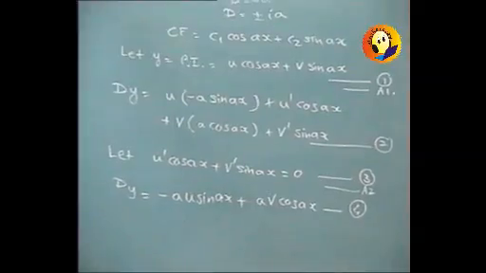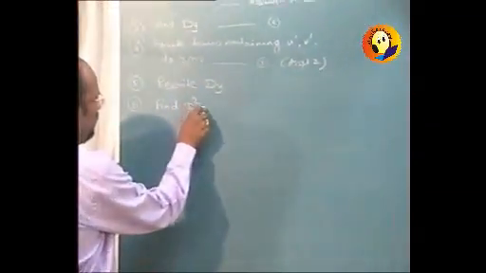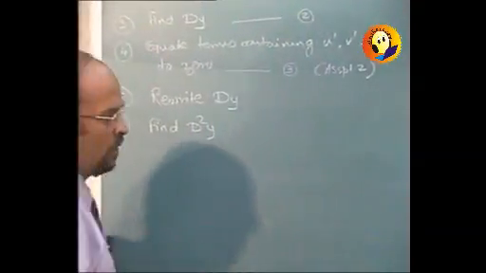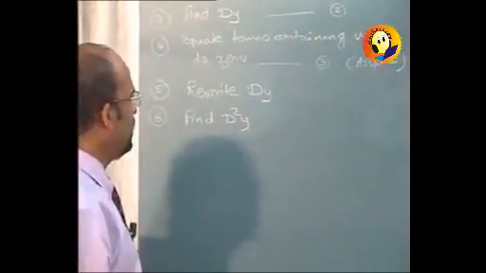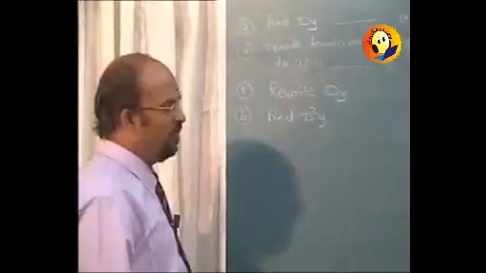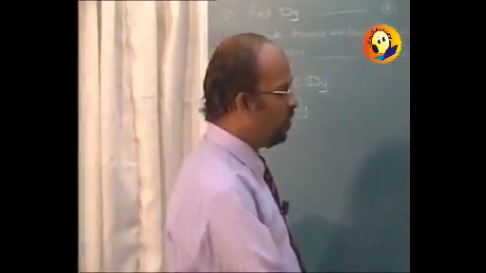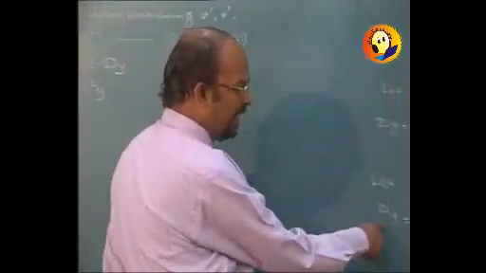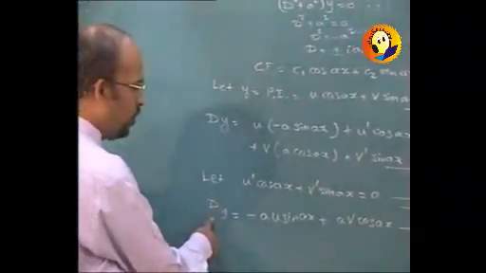Step number 6 says find d square y. So dy that we have written just now should be again differentiated. Dy was minus au sin ax plus av cos ax.